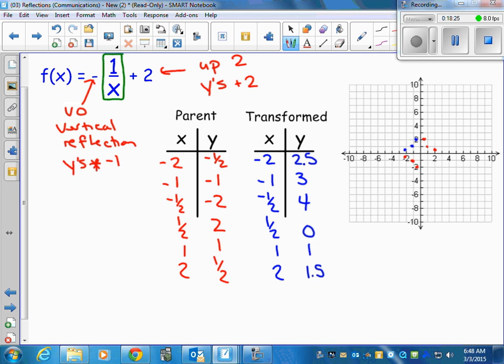Any points in the upper right now flip to the lower right. So now I've performed the reflection, and then the last thing that we have to do is move all of these points up 2 to finish the graph. And that's where some of these graphs can get a little busy. So the more work you can shift to the table and then transform over to check, the more it helps as well.